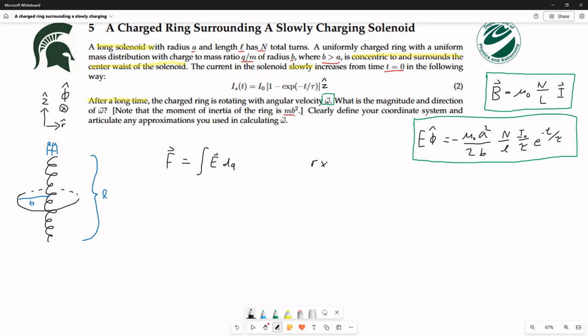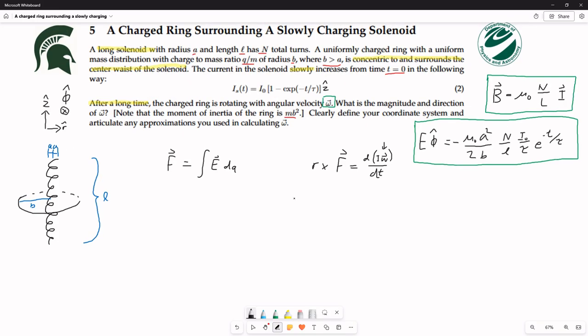The radius crossed with the force is how we define torque, but torque can also be defined as the change in moment of inertia times rotational velocity with respect to time. And hopefully we can see that our final answer is sitting right there.